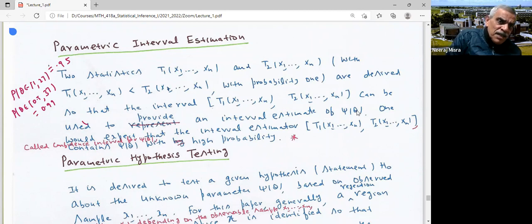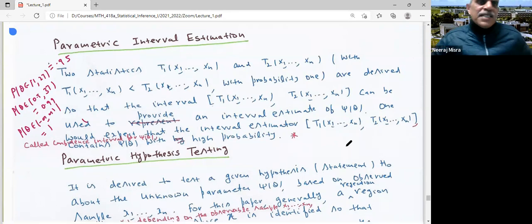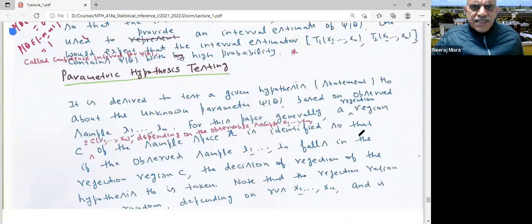In fact, the other extreme would be the probability that theta lies between minus infinity and infinity. So here I have boosted my confidence to 100%, but I do not get any information from it because it says theta lies between minus infinity and infinity. So there is always a trade-off between the confidence level and the length of the confidence interval.